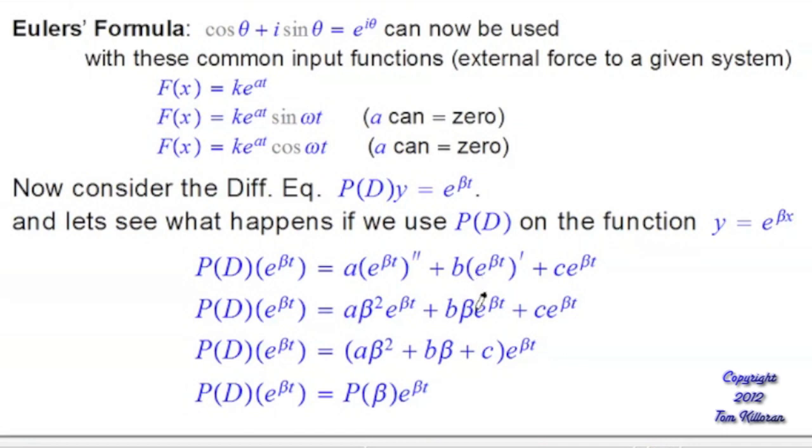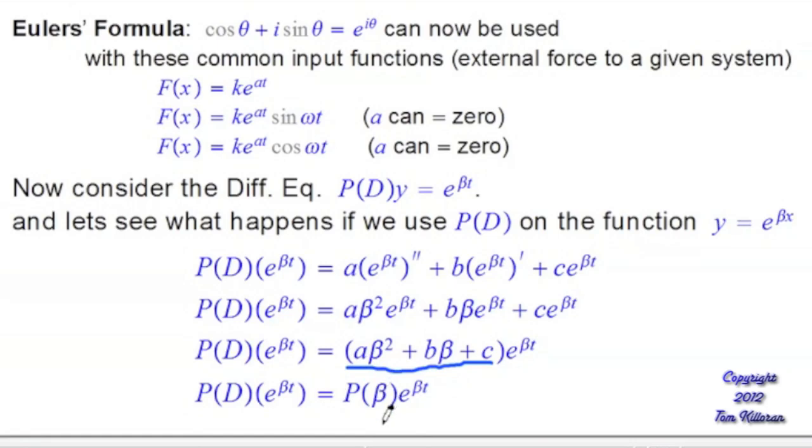When we take the first derivative, we're going to get a beta, and then this one's left alone. And all three terms have this e to the beta t, so factor it out. After we're done with that, we're down to beta squared plus b beta plus c, which is exactly the same thing as if we took beta and just substituted in for D to begin with. So this whole thing right here is just p evaluated at this number beta.